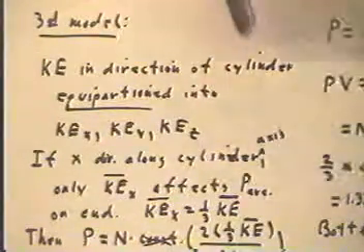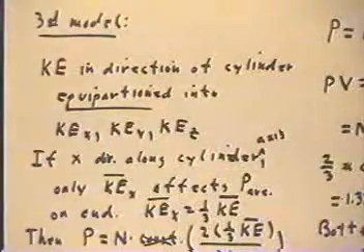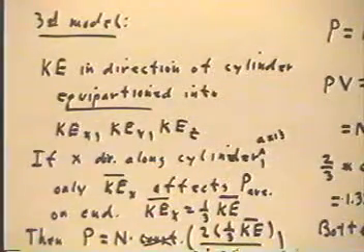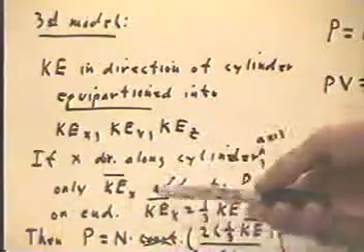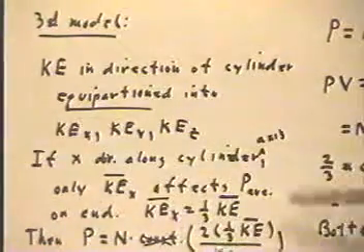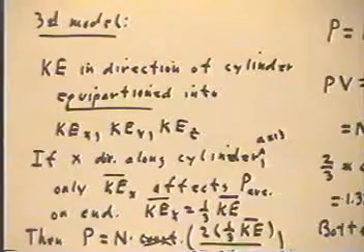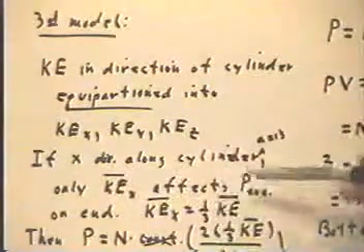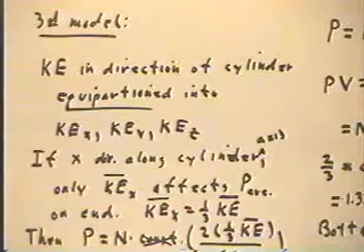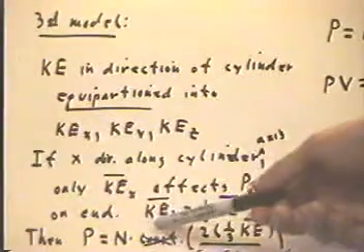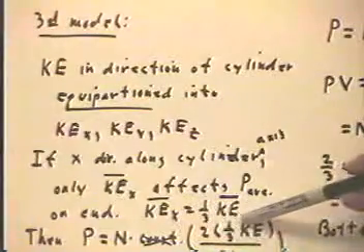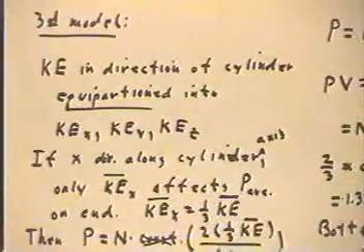The y and z components are going to stay the same, and only the x velocity, and therefore the x kinetic energy, has an effect on the force at that end. So only the x force affects the average pressure, and also we can say that the average x kinetic energy is 1/3 of the average kinetic energy of a molecule.